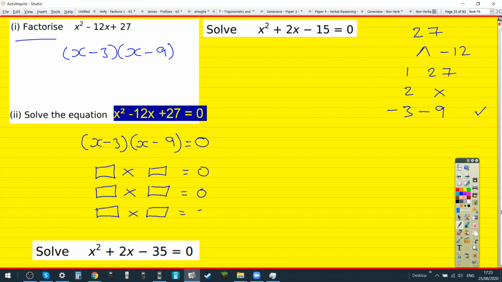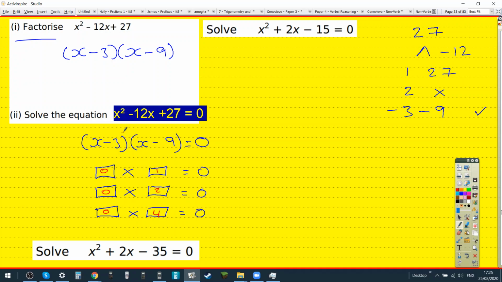Another pair? 0 and 2. One more pair? 0 and 4. And so all three of these have a 0 in them. Is it possible to multiply two numbers together and get 0 where one of the two numbers is not 0? Or does at least one of the numbers have to be 0? I think at least one of them has to be 0.